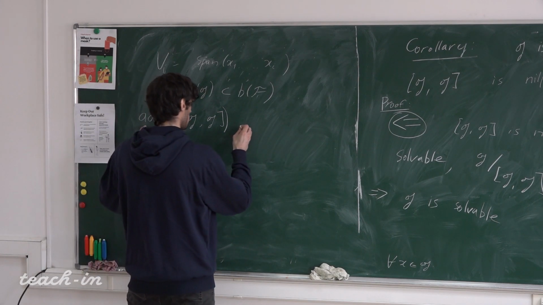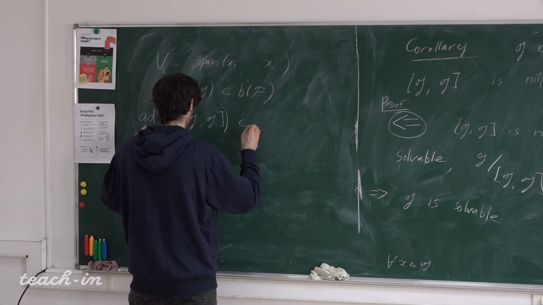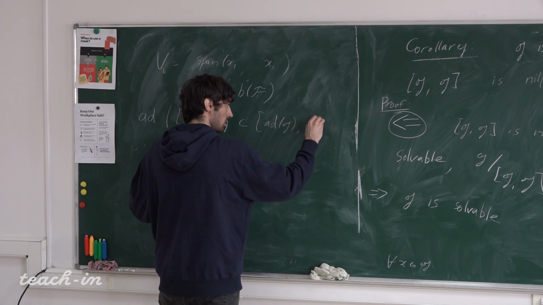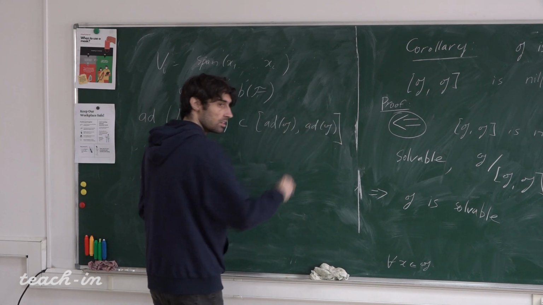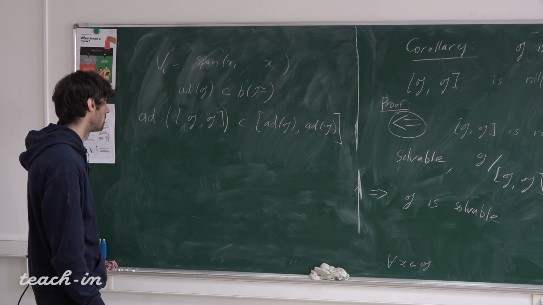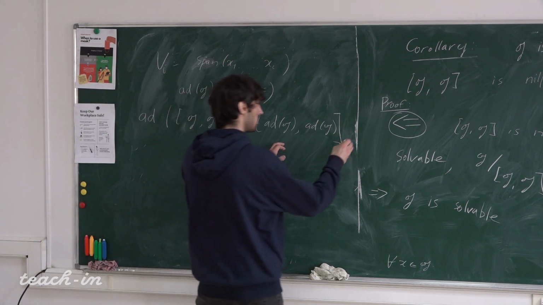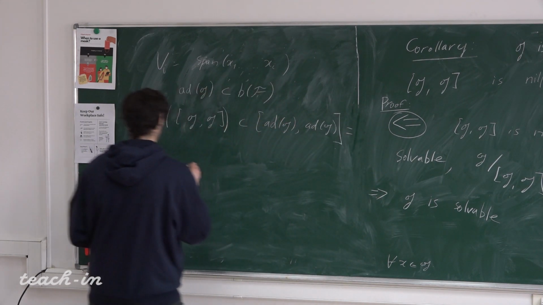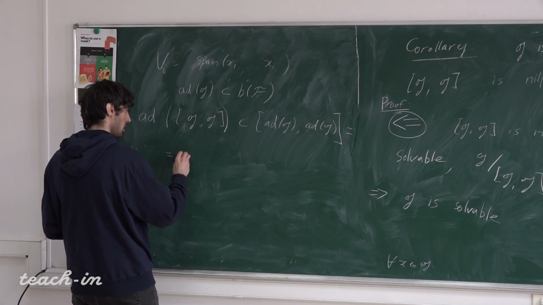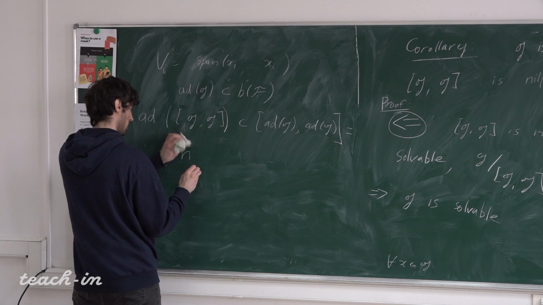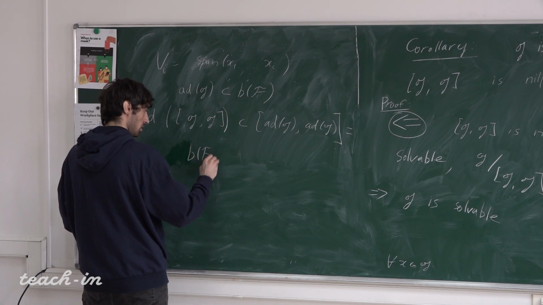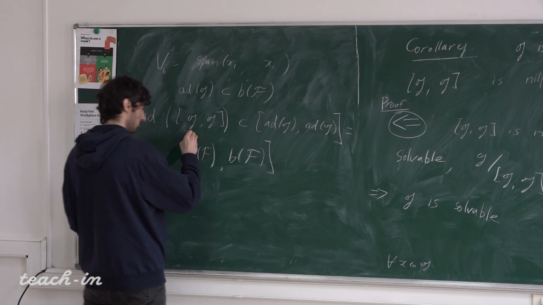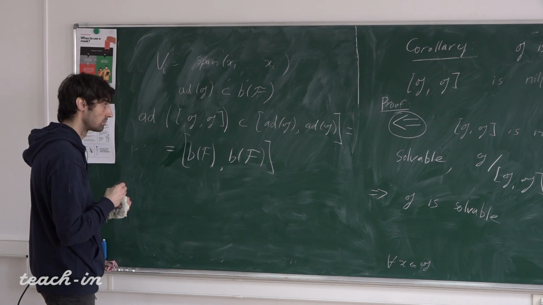Therefore, it sits at least inside the commutant of ad G, ad G. But this thing, as we noted, is the commutant of B of F and B of F, well, inside, right?